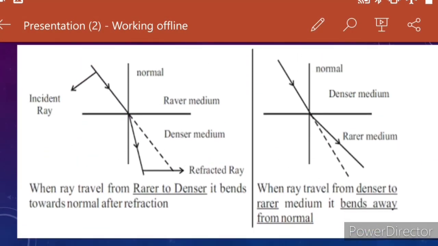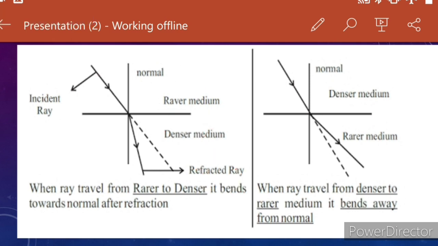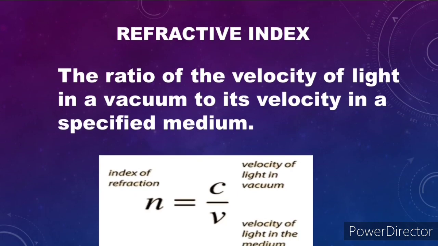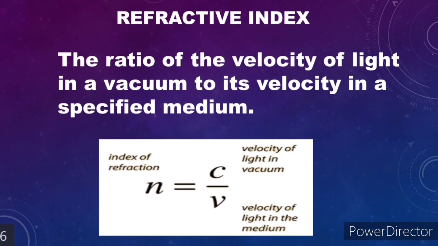Suppose here the velocity of light is v1 and here the velocity of light is v2. Then the refractive index will be the ratio of these two velocities.